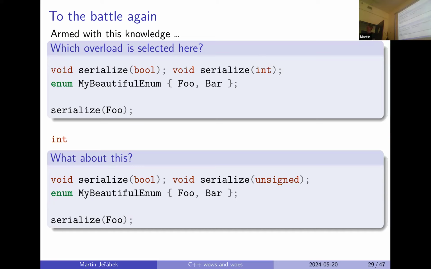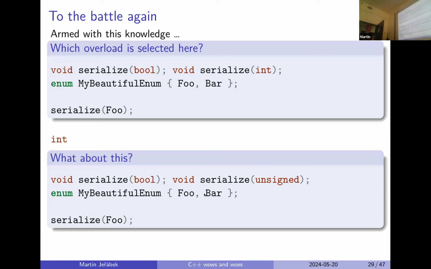Int is the default underlying type of an enum, that's why. It will compile. Wait, is this like a promotion? It's like a conversion to int and then a promotion to unsigned. Or is this a conversion to bool?